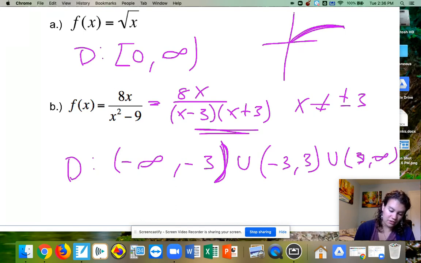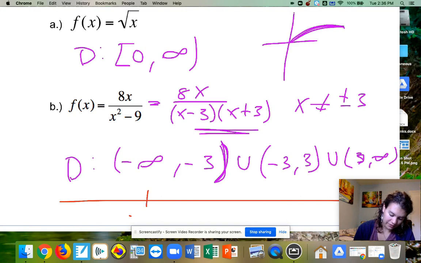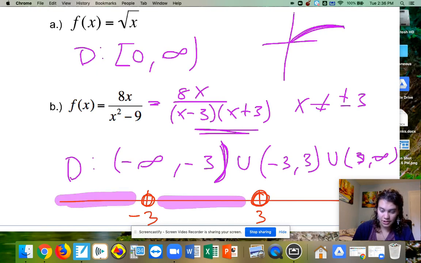So if I draw this out on a number line to give you kind of a visual, if this is your x-axis, we have negative 3 right here and positive 3 right here. We can't touch them. There's holes right there. We don't actually want to reach those values. So your interval then is going to be this chunk, but not touching negative 3, this chunk not touching negative 3, and this chunk not touching positive 3.